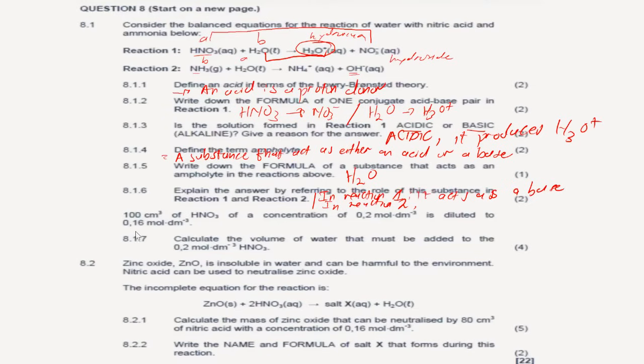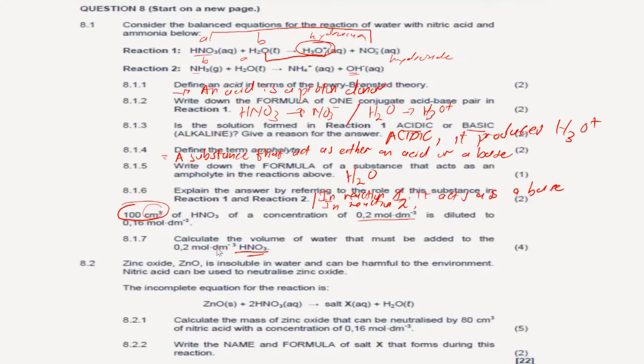Then 8.1.7 says calculate the volume of water that must be added to the 0.2 mol/dm³ of nitric acid. So it says 100 cm³, which we know conversion must take place because it's in cm³, of nitric acid of a concentration of 0.2 mol/dm³ is diluted to 0.16 mol/dm³. Calculate the volume of water that must be added.